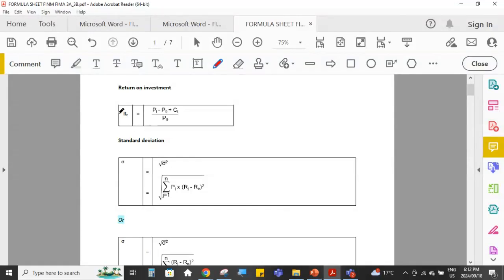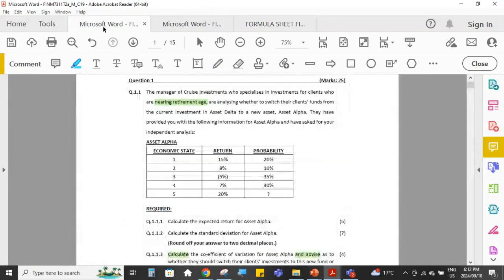But I also just wanted to show you that this formula over here, return on investment, is not the same thing as an expected return on an asset where we have got 4 or 5 or however many possible returns with probabilities for each return given to us, or sometimes they give us 4 or 5 possible returns just for different scenarios.